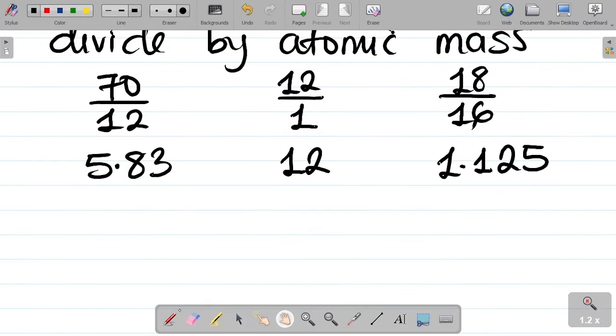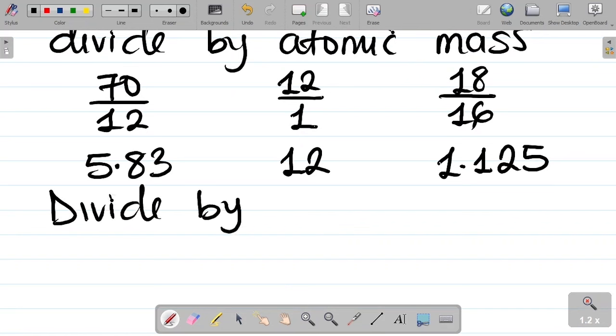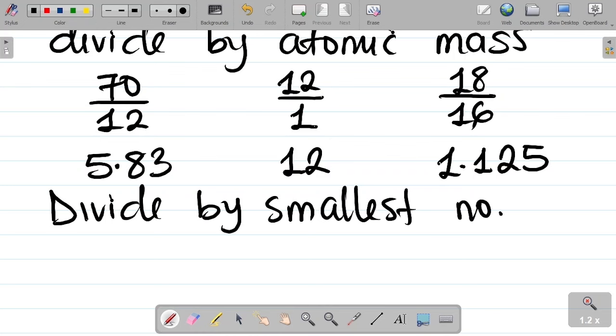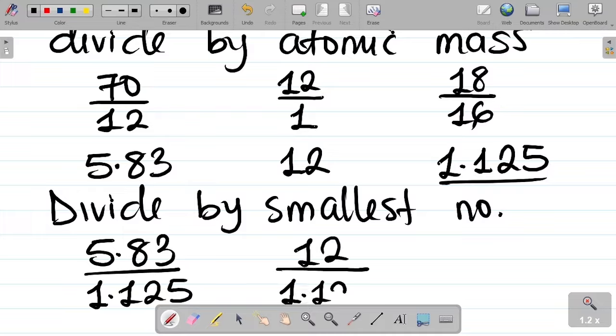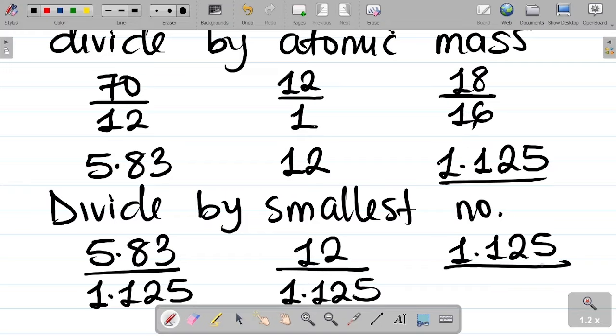So the first step is to divide by atomic mass. The next step is to divide by the smallest number. The smallest number here is 1.125. So 5.83 divided by 1.125, then 12 divided by 1.125, then 1.125 divided by itself, being the smallest number.